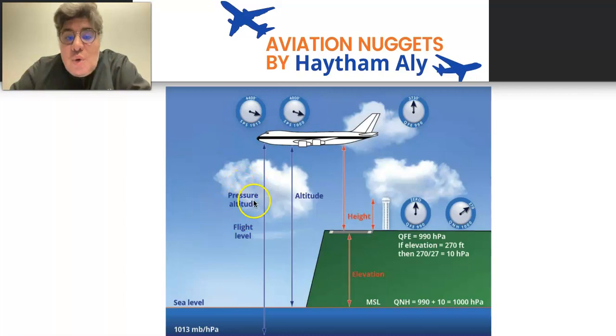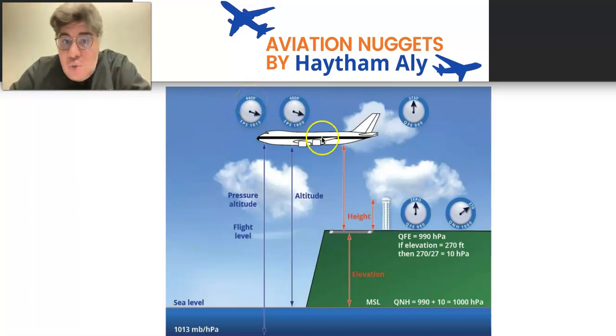Pressure altitude or flight level is the vertical distance of the moving aircraft from the pressure setting of 1013 hectopascal. So if you put the pressure setting at 1013, the altimeter will show us pressure altitude or flight level.